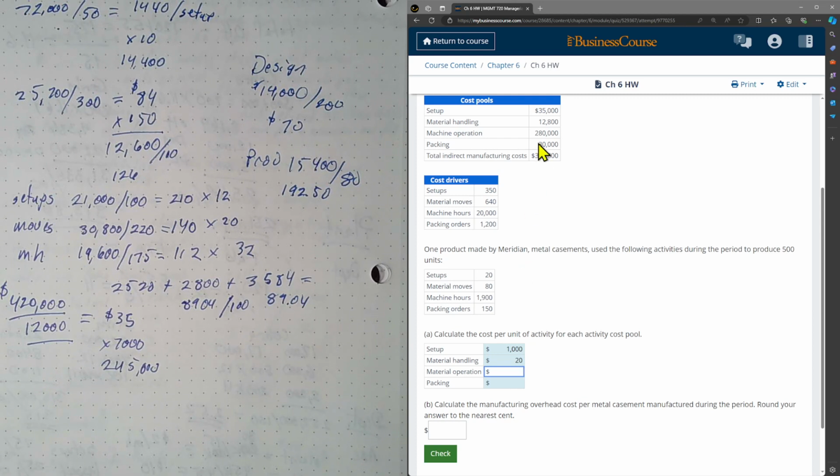Machine operation is 280,000 divided by, I misread it, divided by 20,000 machine hours, which is 14. And packing is 30,000 divided by packing orders of 1,200.